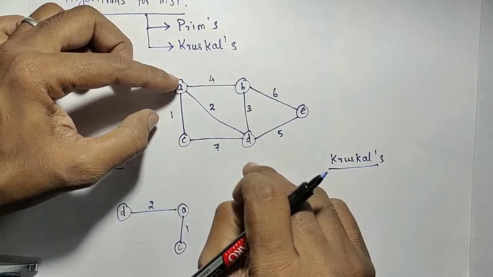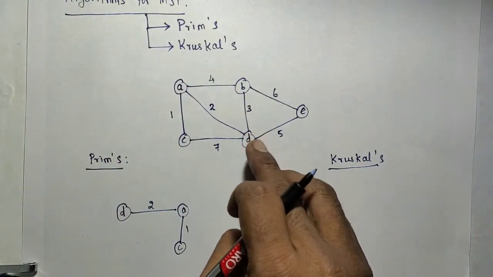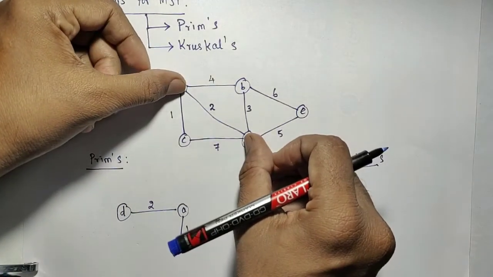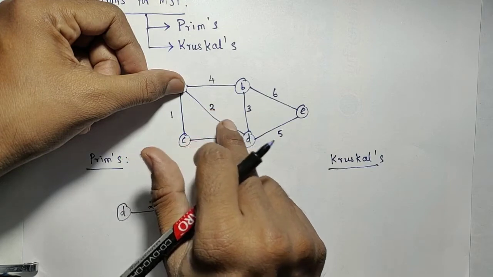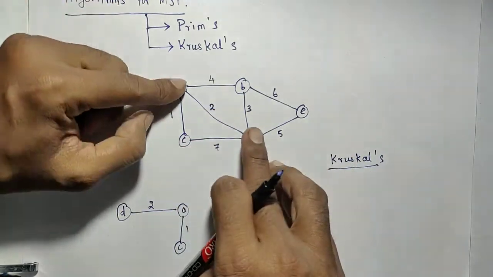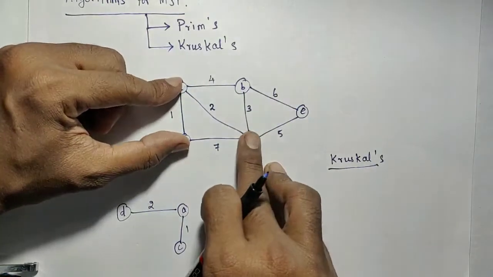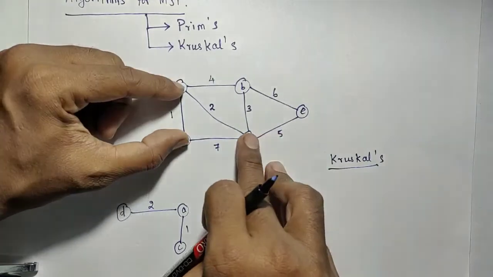Now from A and D, the leaving edge is also 2, but the 2 needs to be ignored because it is already in the tree. So now I need to find the leaving edges from A, D, C, all the 3.